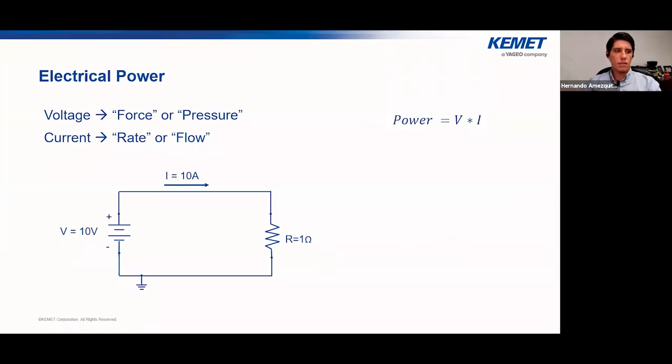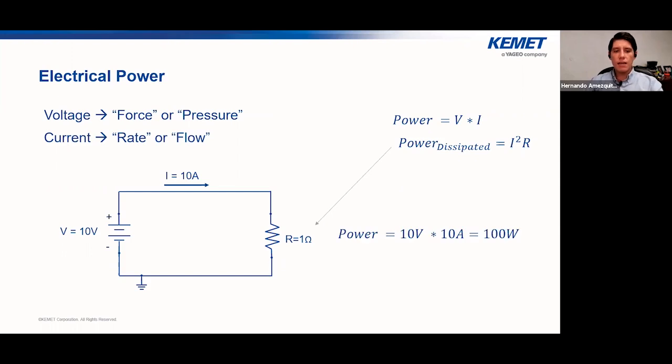I know this is very basic stuff, but just to ground all of us, right? If we also think about it as the power being dissipated in the resistor, this is called the I squared R losses. So the power dissipated in the resistor is the current squared multiplied by the resistance.